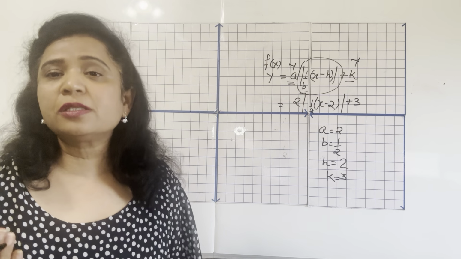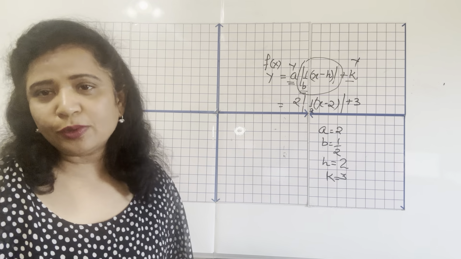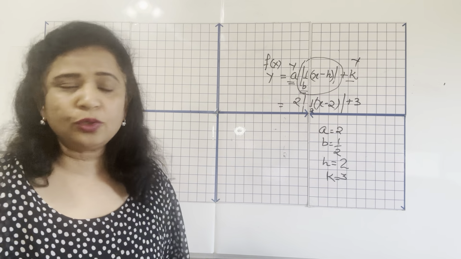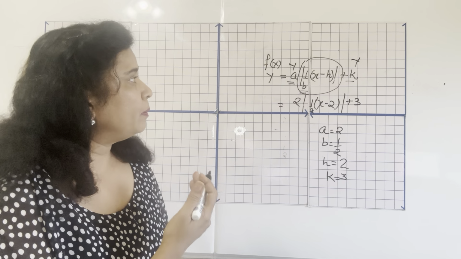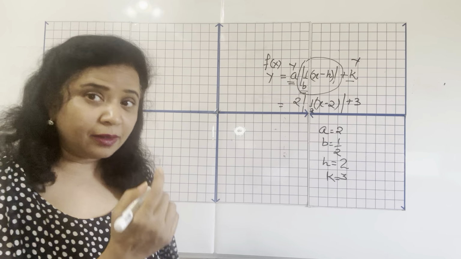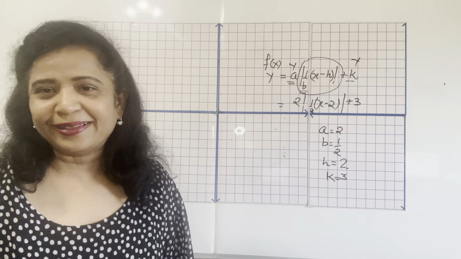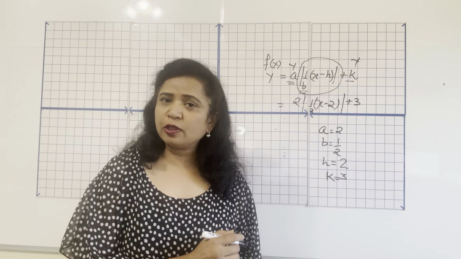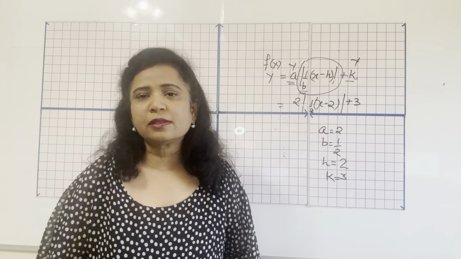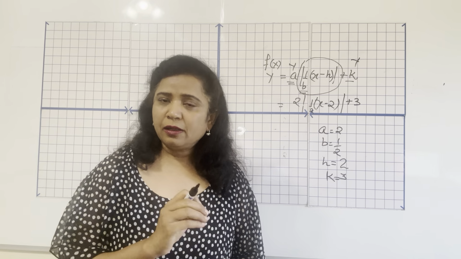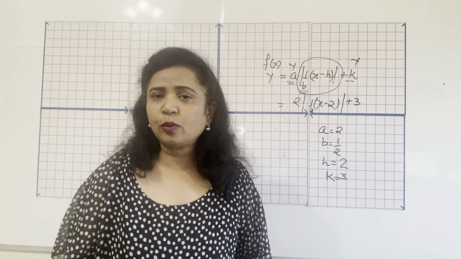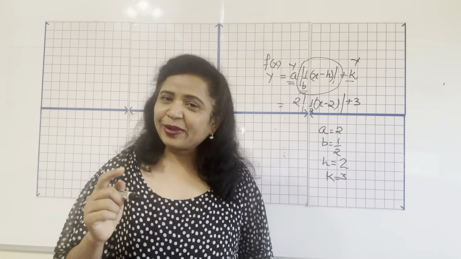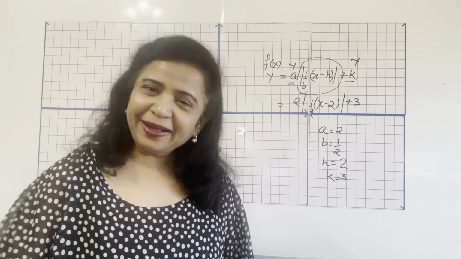That means b is 2. And you are going to do the opposite. So half means 2, and if you see a minus sign inside the bracket, then it is plus. So this is all about the transformation of the absolute value. We are going to discuss the piecewise absolute value in the next class. So again, practice, practice and practice.